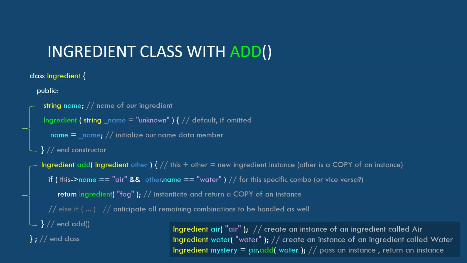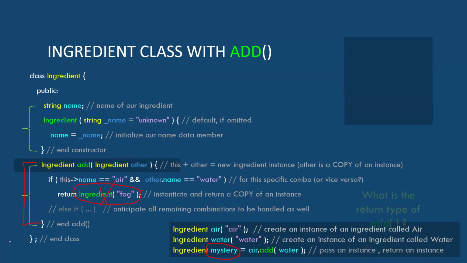So down here, when I say air.add water, I'm going to create the fog, and then I'm going to make a copy of it, and that copy gets copied into the mystery ingredient over here, and then this thing just goes away, right? Because that's inside of the scope of our add method, okay? So these are just the base level mechanics of what's going on. We talked about some of that last time, but I just want to make sure we're all clear on that.